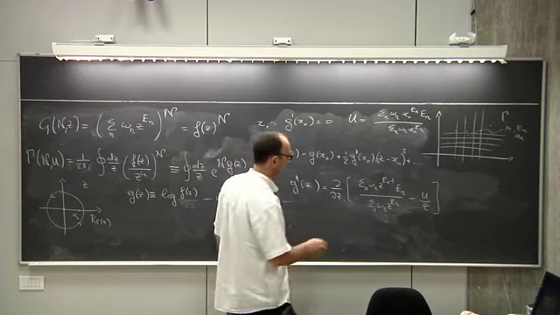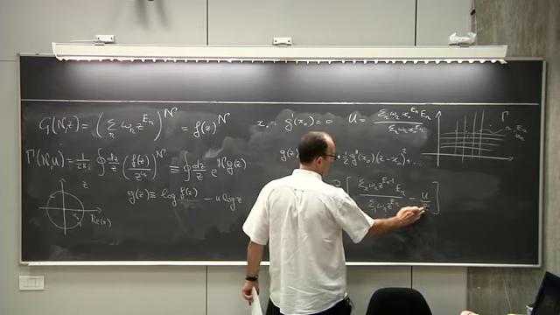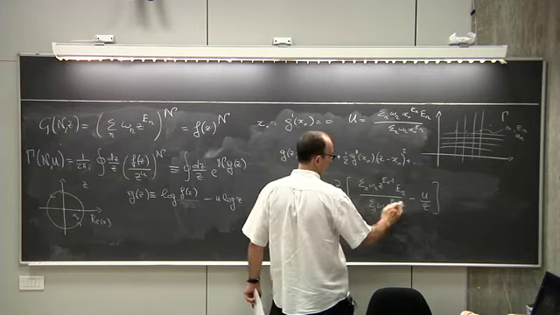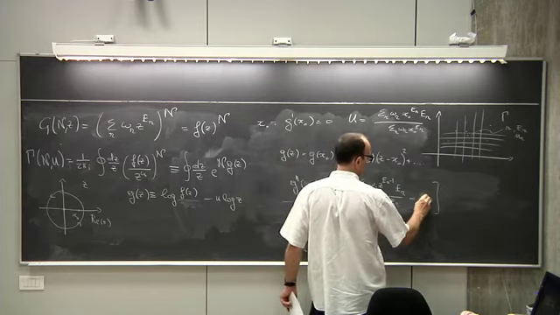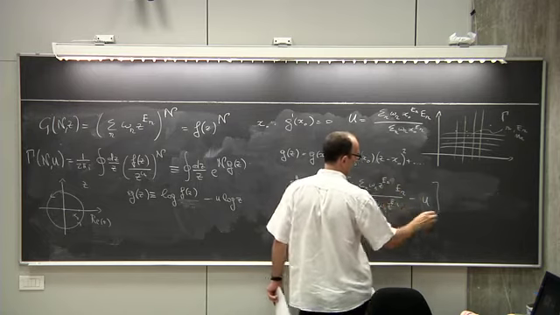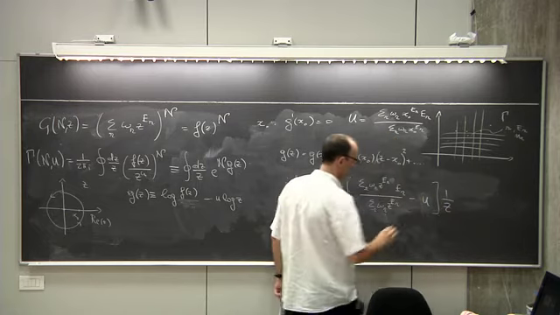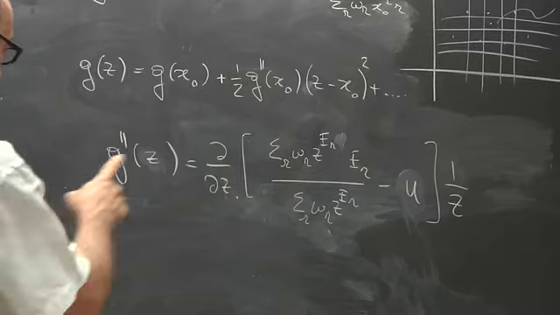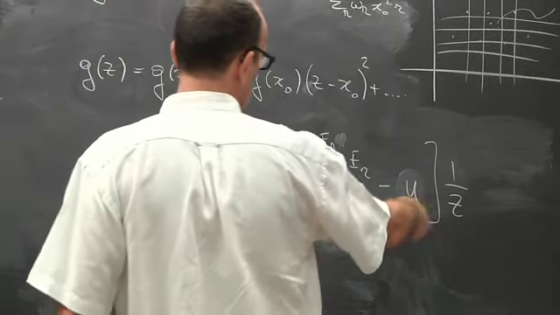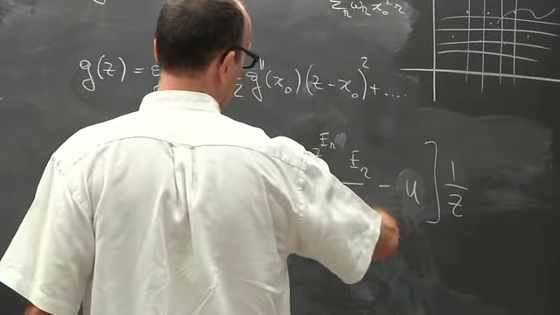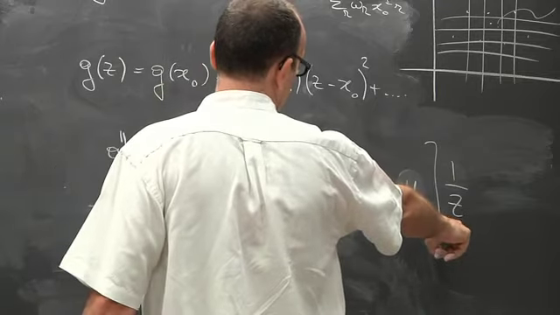Let me write this by taking out 1 over z in both of these two terms. So this becomes u, and this is a 1 over z. So when I take the second derivative, I can take the second derivative here, or the second derivative here.